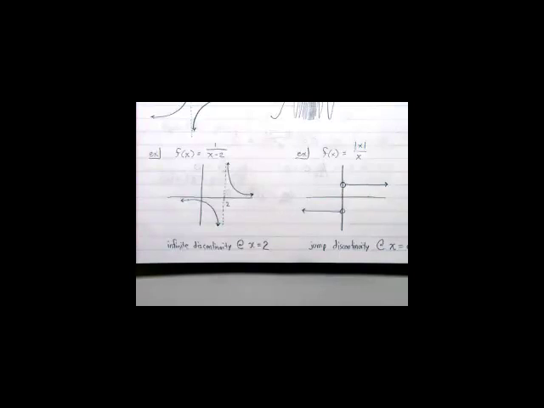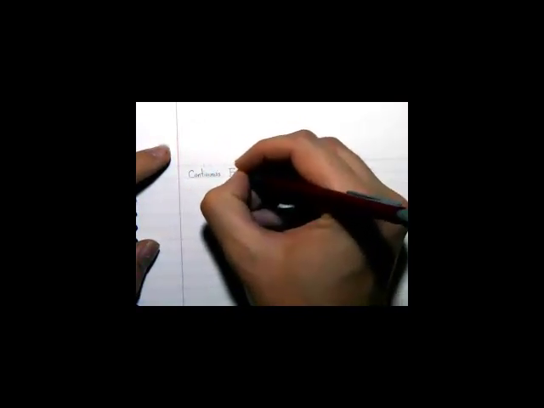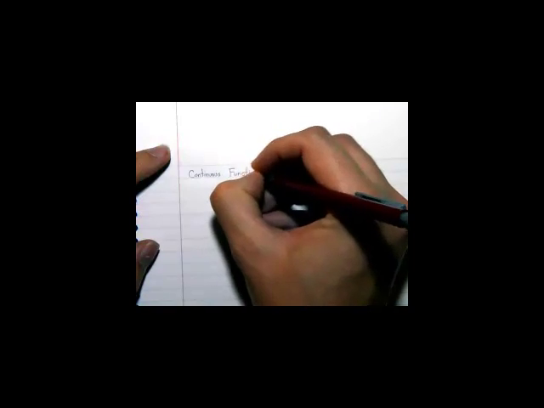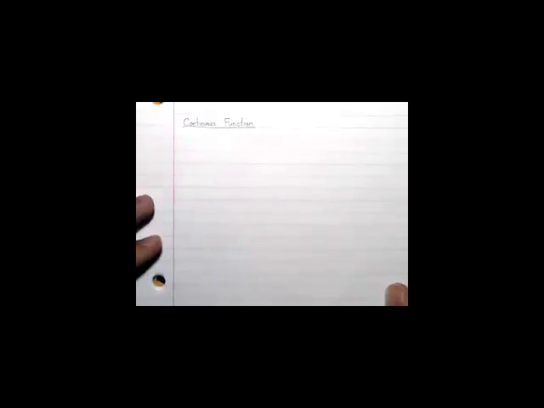What does it mean to be a continuous function then? People often confuse the two, or they assume they're the same thing, and they're not exactly the same thing. So a continuous function, the definition of this reads as follows.